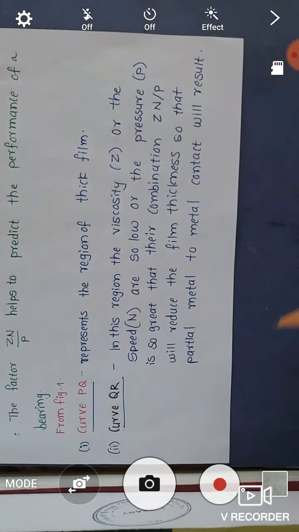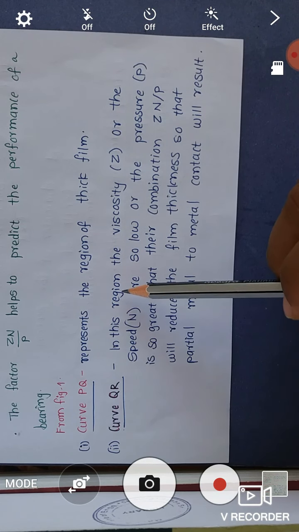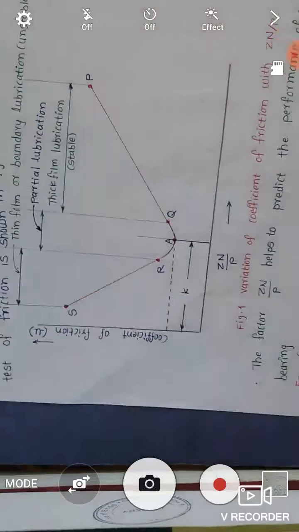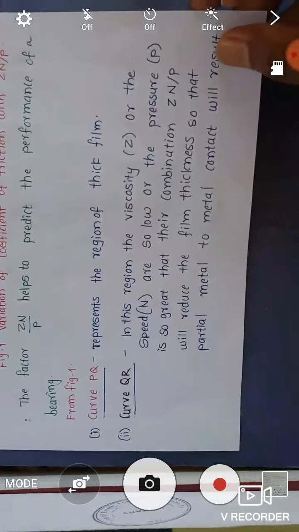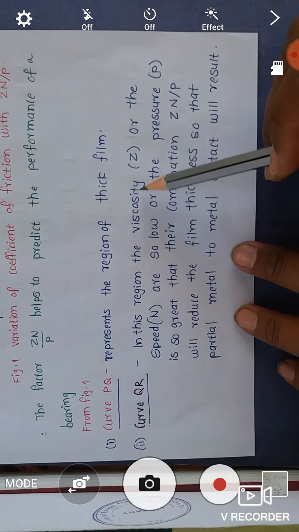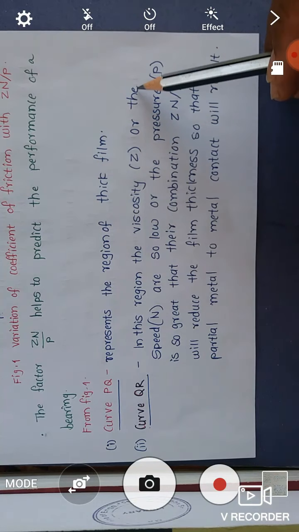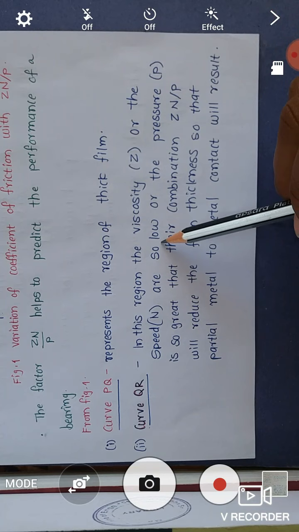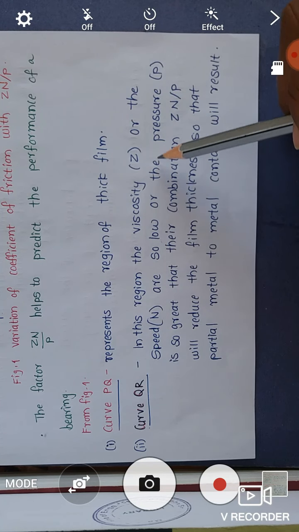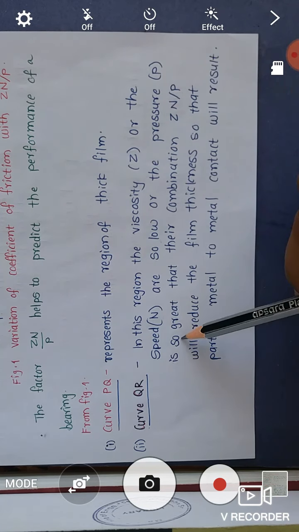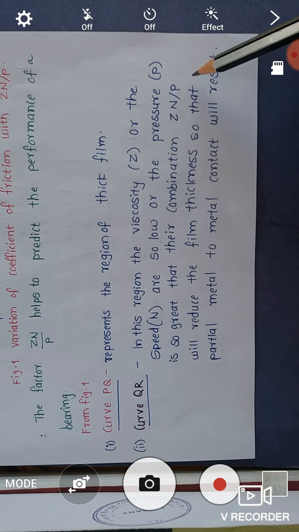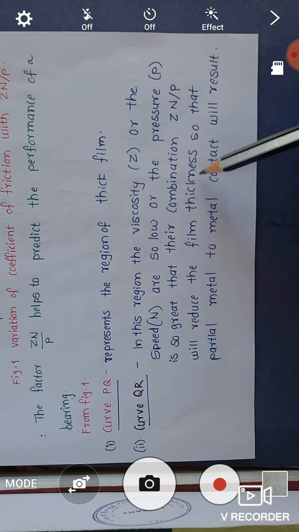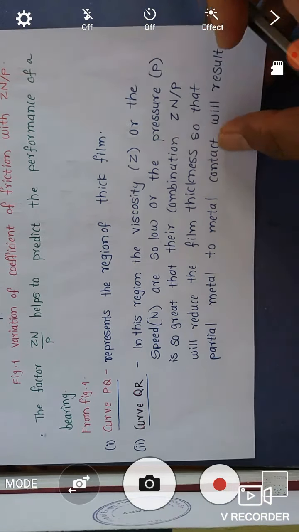Then the curve Q to R. In this region the viscosity Z or the speed N are so low, or the pressure P is so great, that their combination ZN upon P will reduce the film thickness, so that partial metal to metal contact will result.